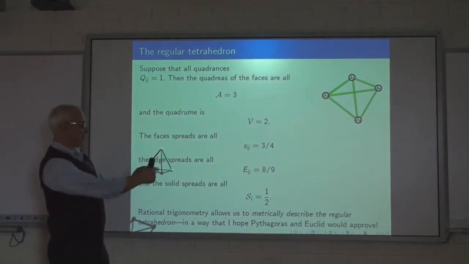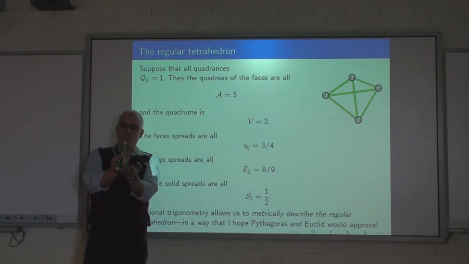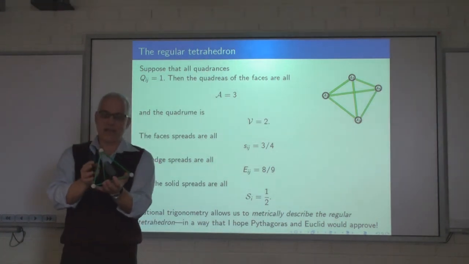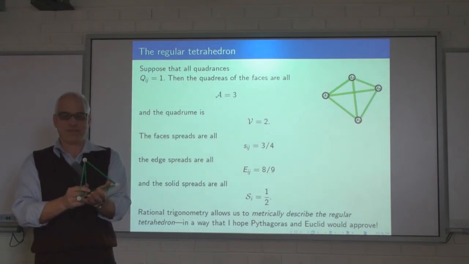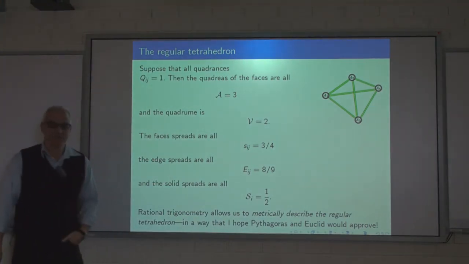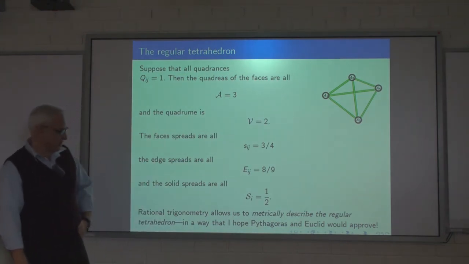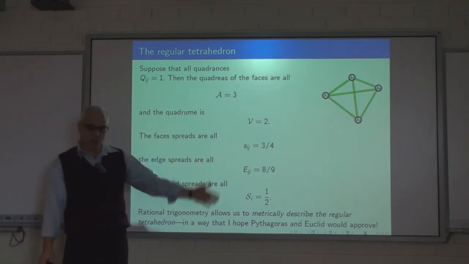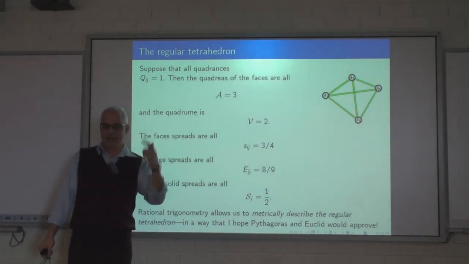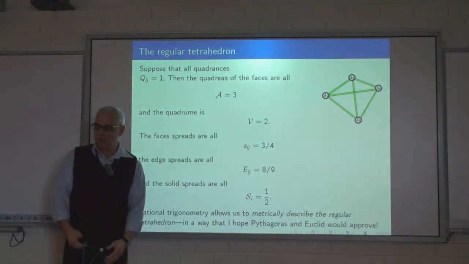All the face spreads are 3/4, of course, and the edge spreads are all 8/9. That's an important angle for chemistry. It's the angle of a methane molecule, but done rationally. And the solid spreads are all 1/2. So although people have been studying these Platonic solids for a long time, this is perhaps the first time where the metrical structure has been laid out like this, and it's relatively benign.